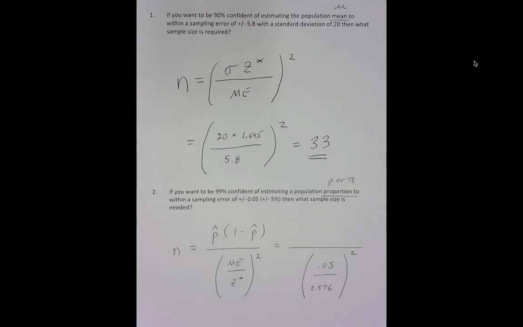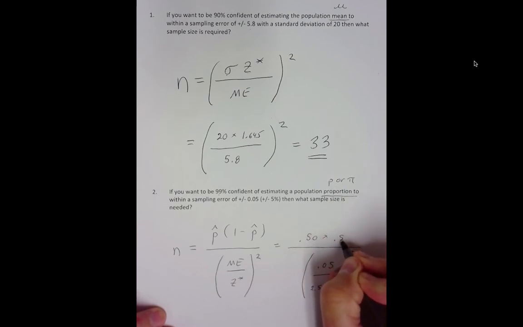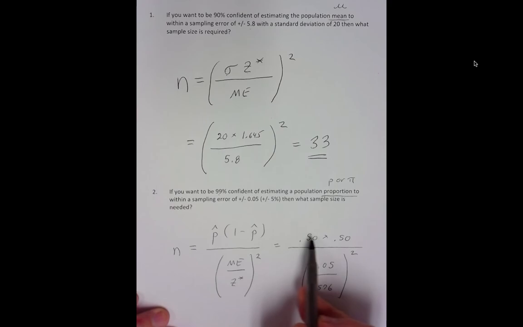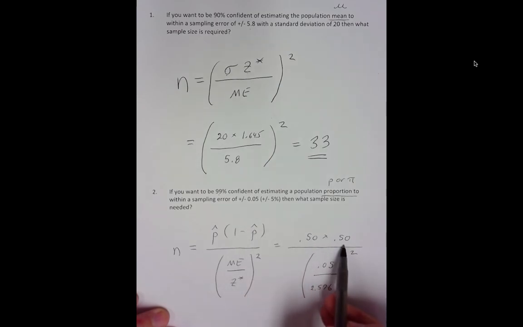So it may seem kind of wacky, but when you get in a situation like this where there's no prior information, you use 0.50 for your P hat. So if P hat is 0.50, then 1 minus P hat also has to be 0.50.